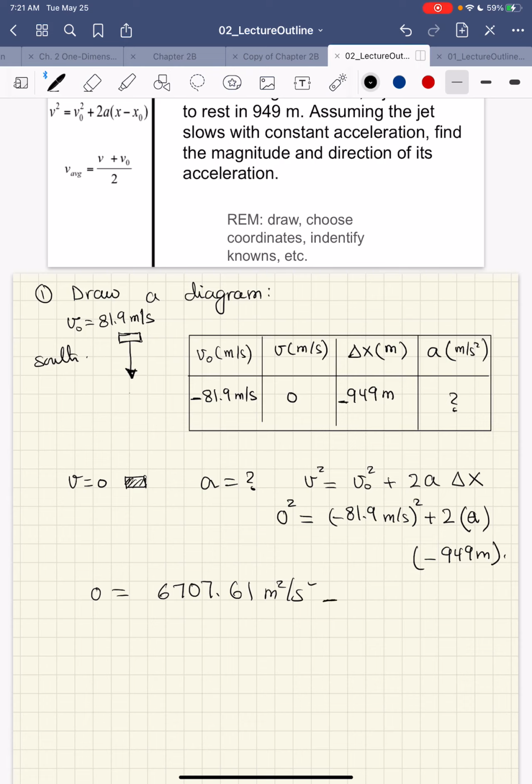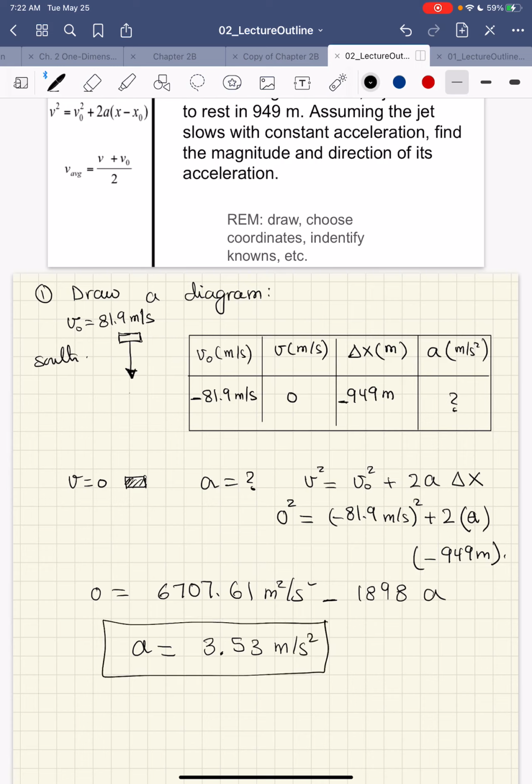And here minus 2 times the 949, which is 1898. Then a is going to be the number 6707.61 divided by 1898, and that is 3.53 meters per second squared.